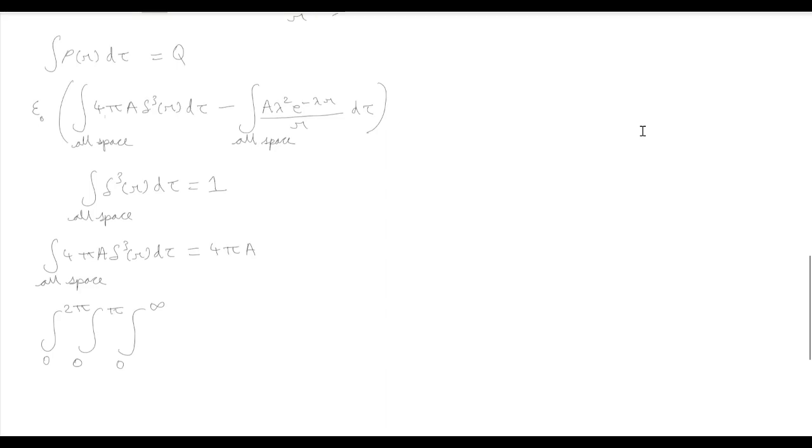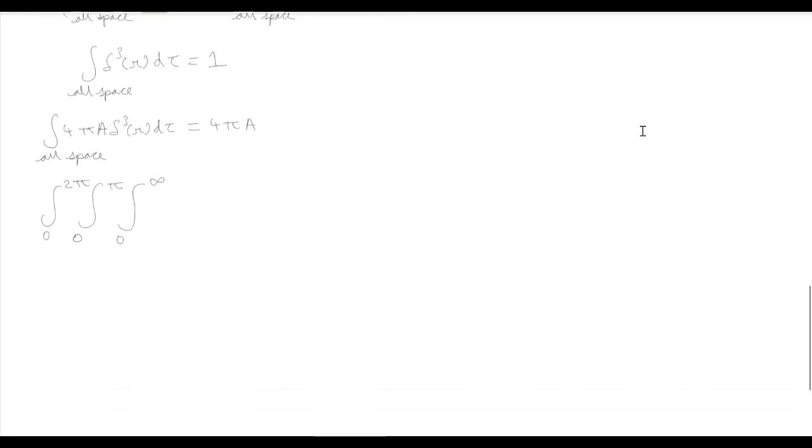These are the limits over all space in spherical coordinates. Then we have a lambda squared e to the minus lambda r over r, and d tau in spherical coordinates becomes r squared sine theta dr d theta d phi.